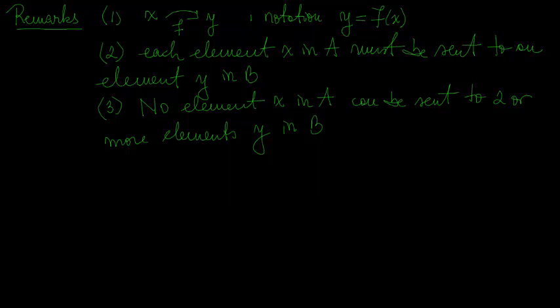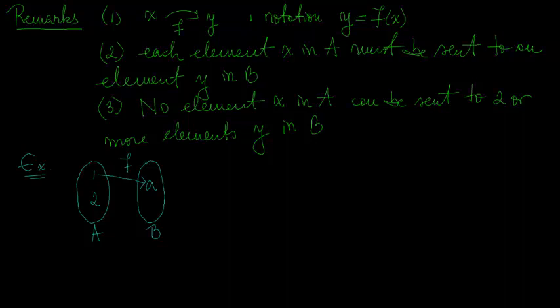So given these two conditions, let's look at some examples and determine if the following relations give us a function or not. So let's say that I have the sets A made out of the elements 1 and 2, and the set B made out of just the element A. So is this particular relation a function?